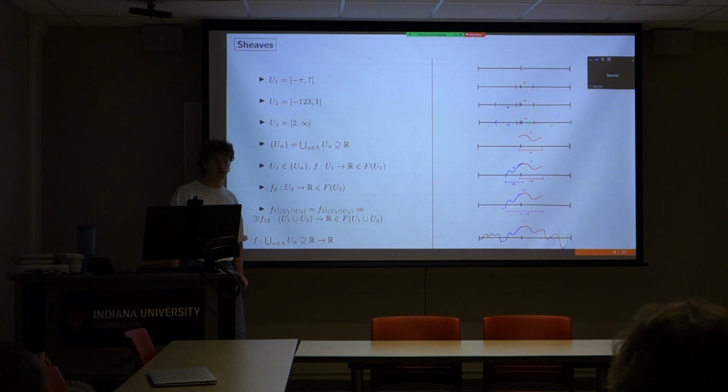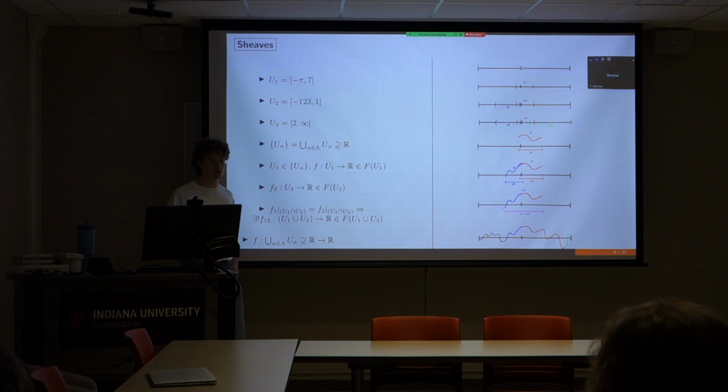If you take one function in a set of continuous functions defined from the open interval U1 to the real numbers, then we can also look at a set of continuous functions from another open interval to the real numbers. So let's say that we can find some function F2 defined from another open interval U2 to the real numbers.